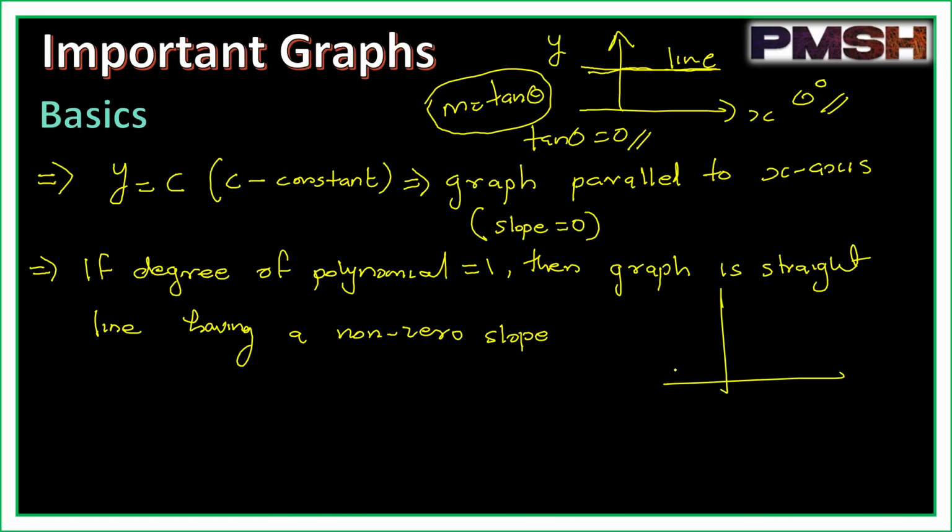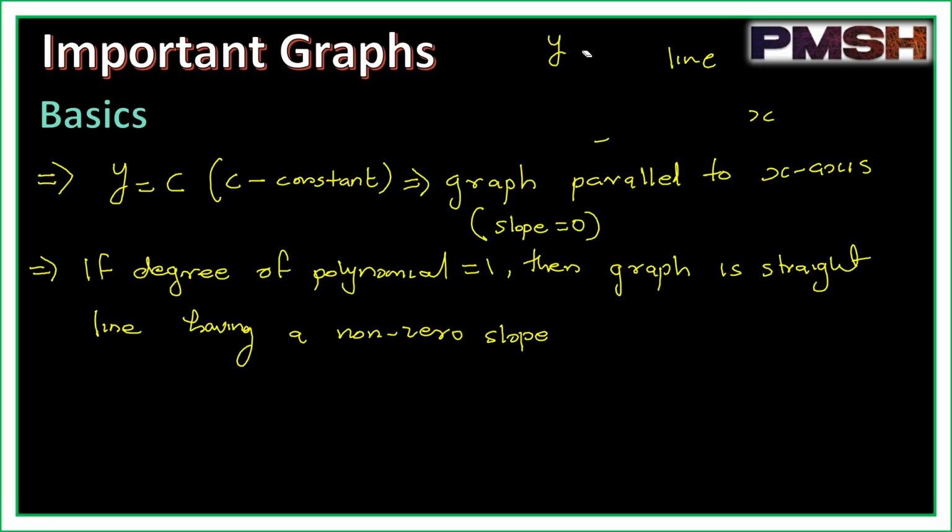It may be something like this or like this, whatever it is, it should have a slope. That is, it is not parallel to the x-axis; it should make an angle with the x-axis. Clear? Have I explained these two points in detail? This may be a concept you already know from 10th standard itself, you have learned it in mathematics.